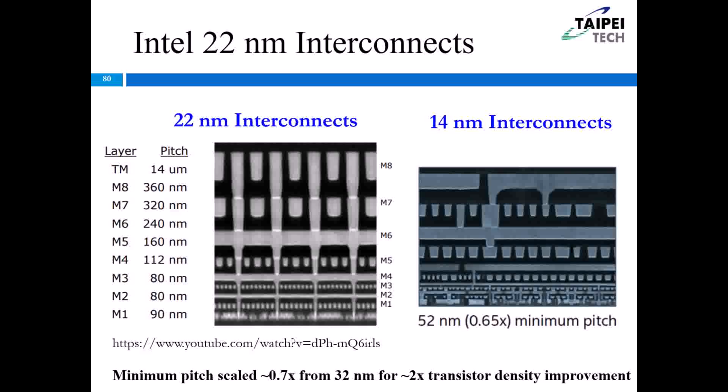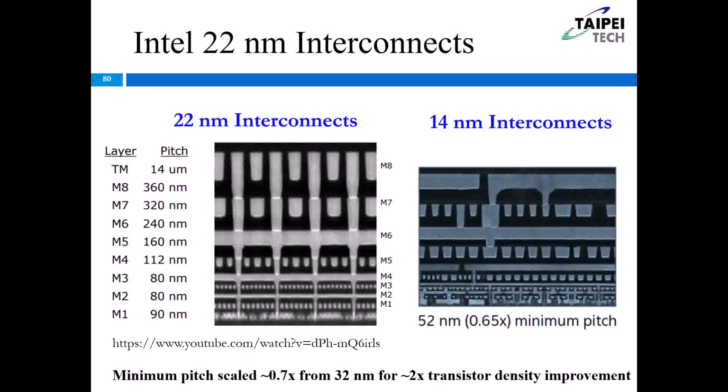Don't be like me, I was very stupid to memorize all of the layout for the 0.18 micrometer, okay? You see, this is the perspective view for the interconnect for the 22 nanometer Intel chip, and right now we have a metal line, and we have a metal line.